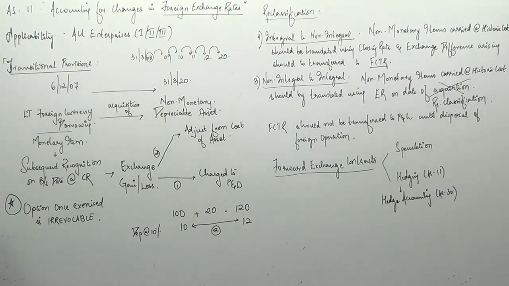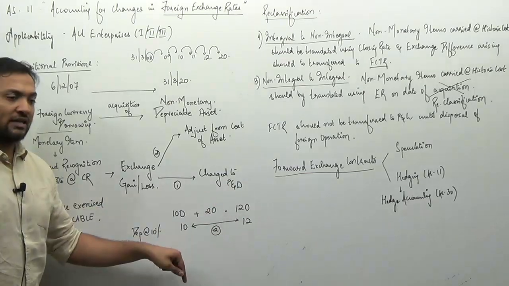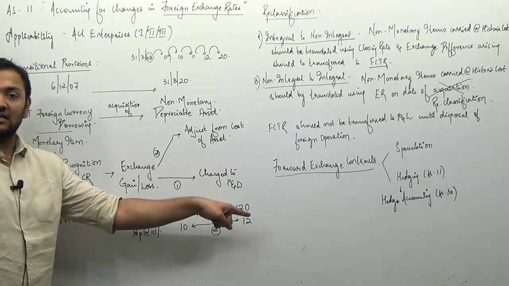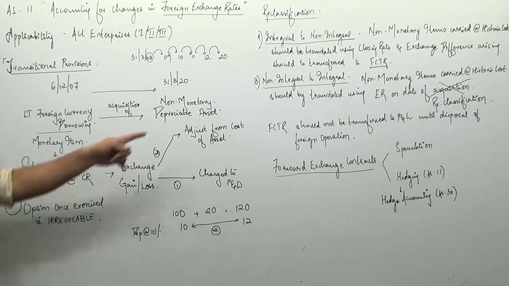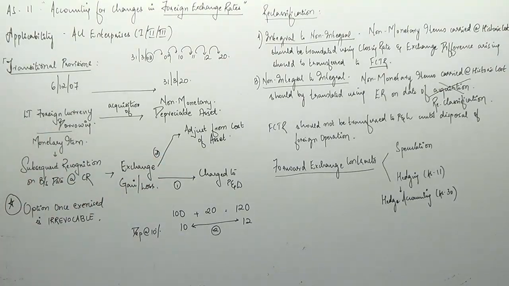Earlier, if it was an exchange loss, he said, okay, I'll add it to the cost of the asset. I don't want to charge it to P&L. Now you got an exchange gain. No, I got an exchange gain. Why adjust it from the cost of the asset? I'll start charging it to P&L again. Because it was an exchange gain. That is not possible. He said, you use the option once, whatever option you are going with, you have to continue with the same option. Option once exercised is irrevocable.